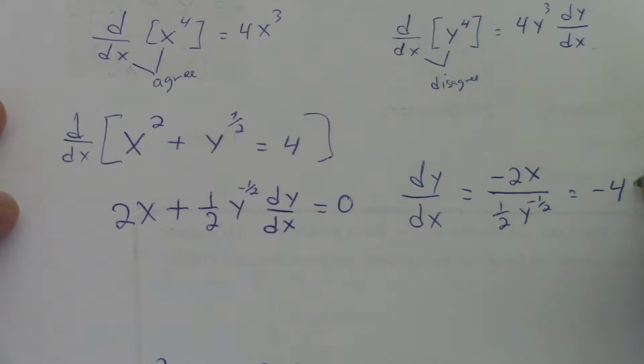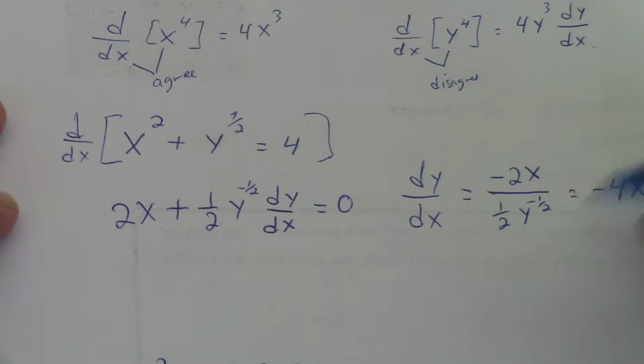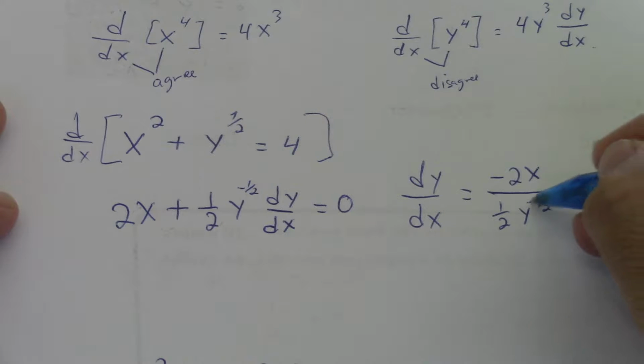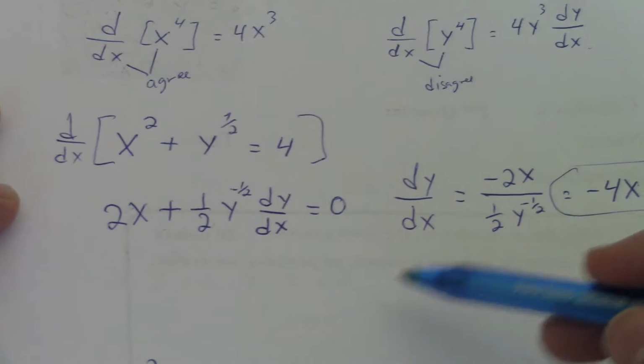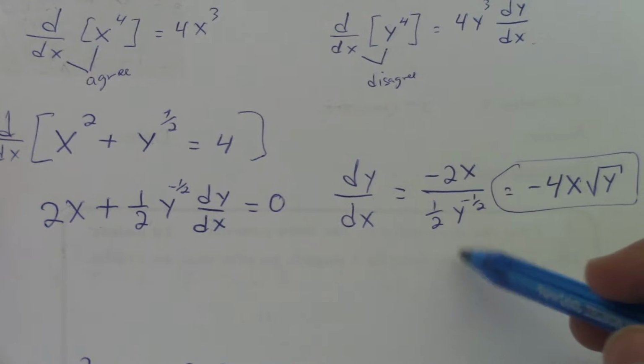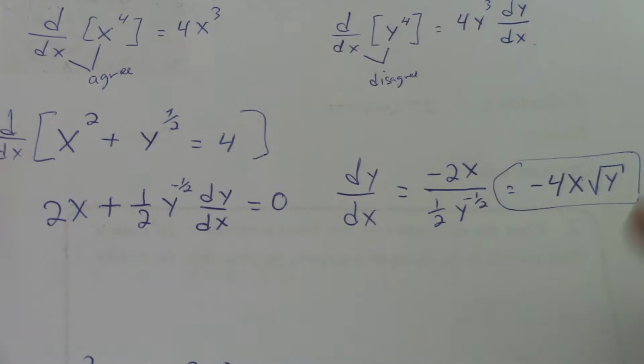The x stays in the same place, and y is raised to -1/2, so we can move this up and change the sign of the exponent. We can put y to 1/2 or the square root of y, which is the same. Let's use the square root of y, and that will be the answer for dy/dx. So dy/dx is equal to -4x square root of y. Okay, that is this one.